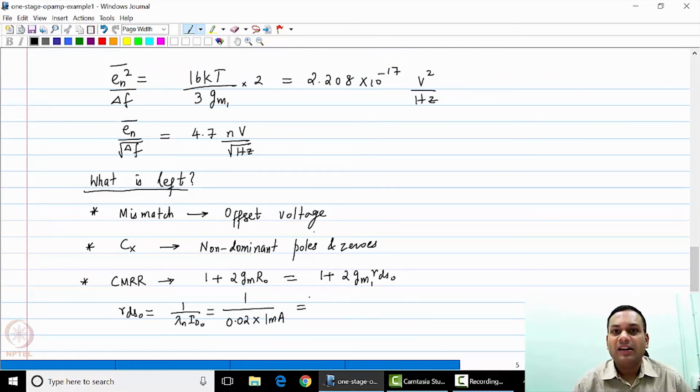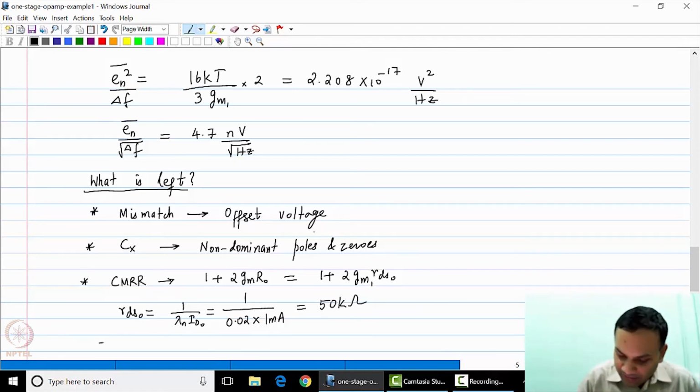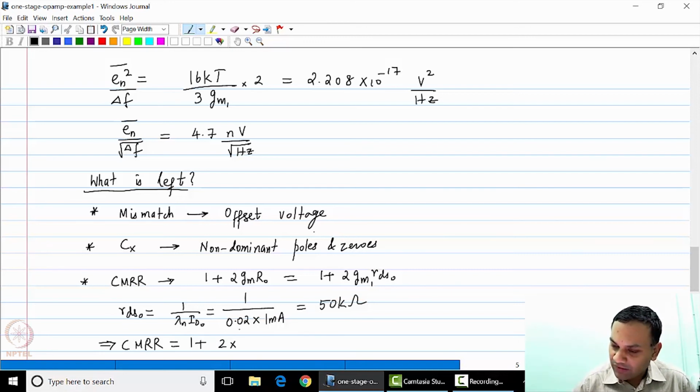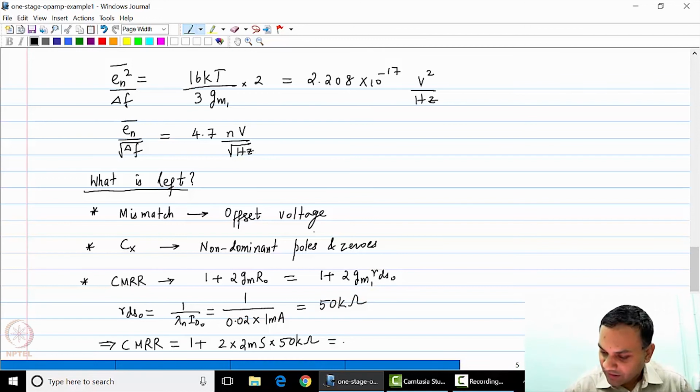And therefore, the output resistance of M0 is 50 kilo ohms. This means that the CMRR of the op-amp is equal to 1 plus 2 times 2 millisiemens times 50 kilo ohms, and this is 201.